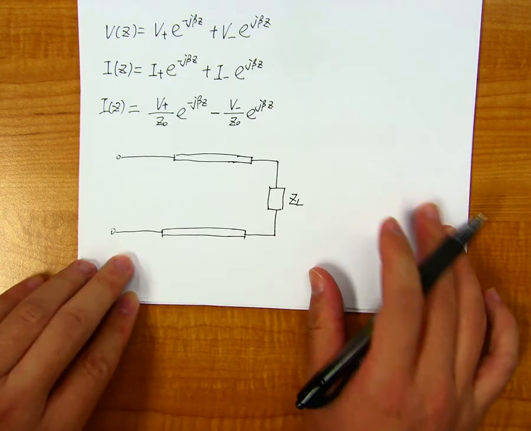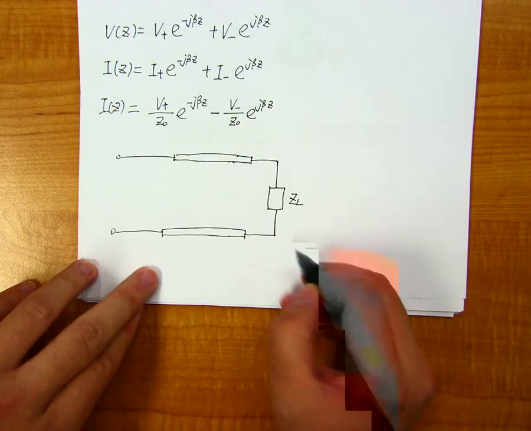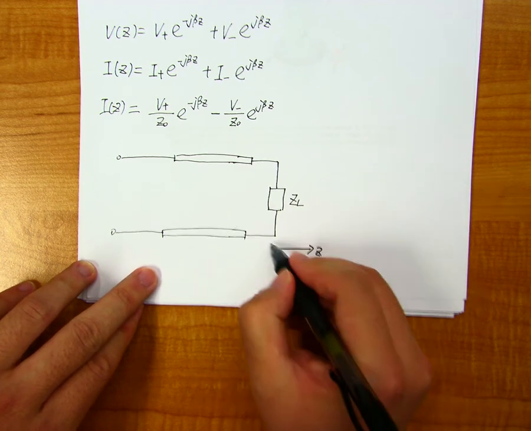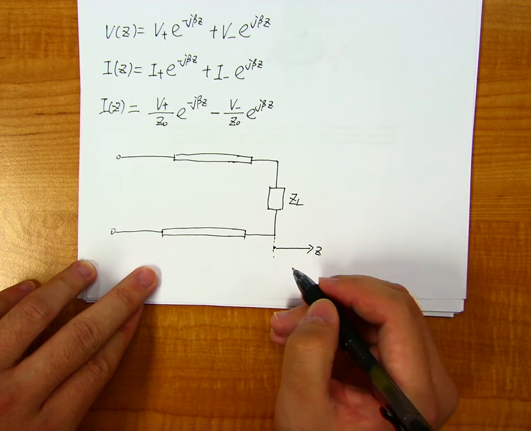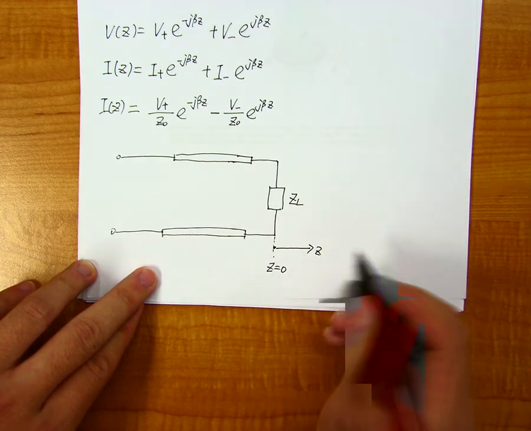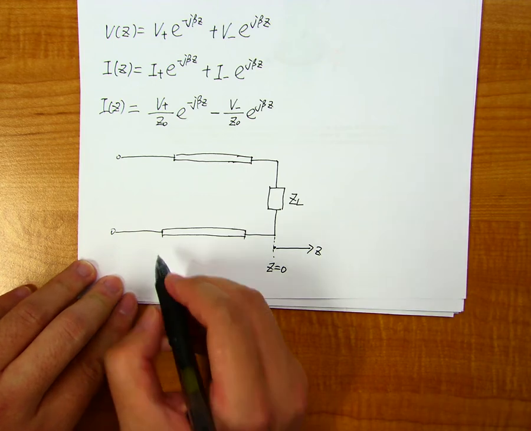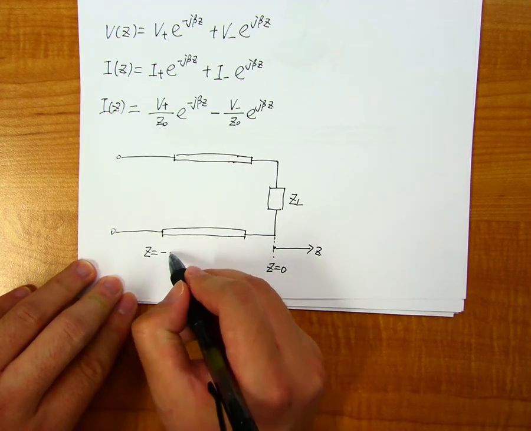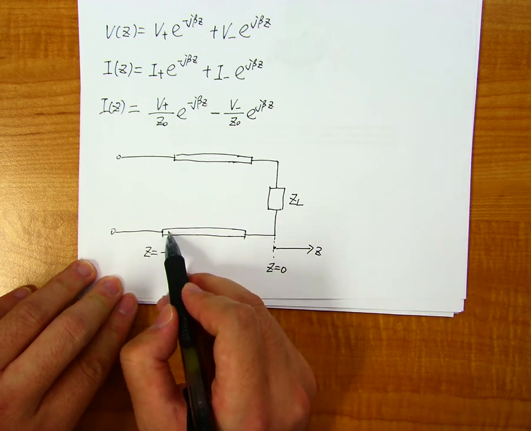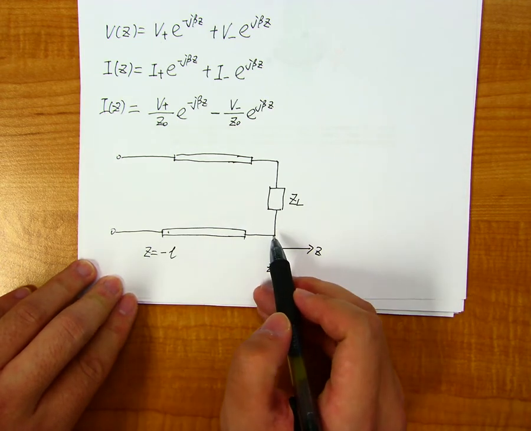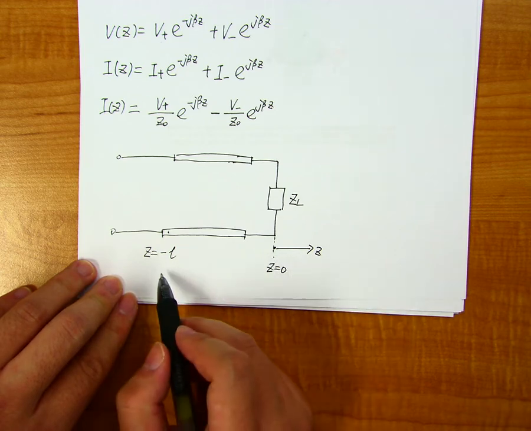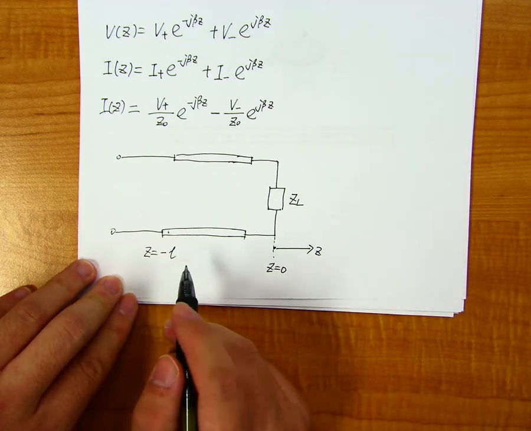Let's say this is the z-axis, and the point where the load is, is z equals 0. On the left we have z equals negative L, where L is the distance from a point to the load. But because we set the z-axis like this, the z coordinate is a negative number.